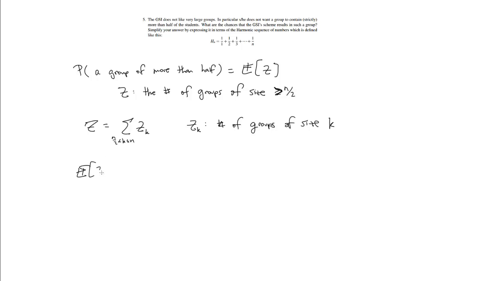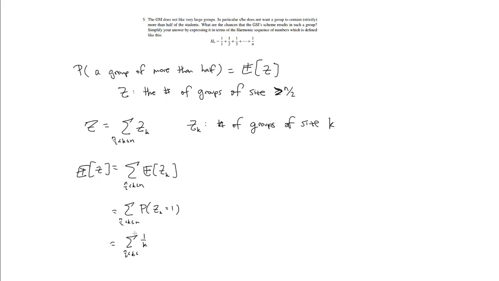So then the expectation of Z is just going to be the sum of the expectations of the Zk. But since each of the Zk's are indicator random variables, we have that this is just the sum of the probabilities that they're equal to 1. And from the previous problem, we know that these probabilities are 1 over k.